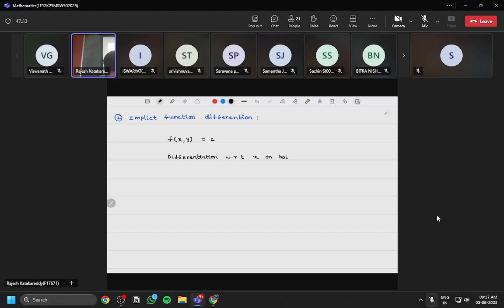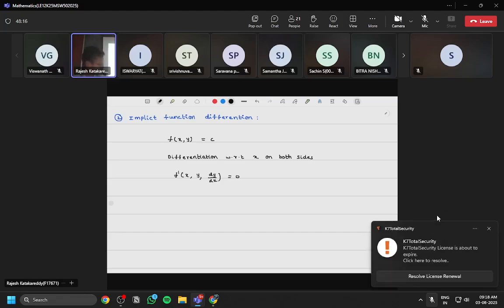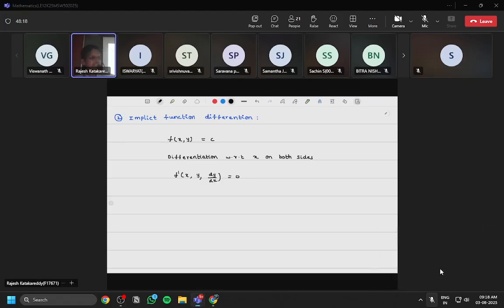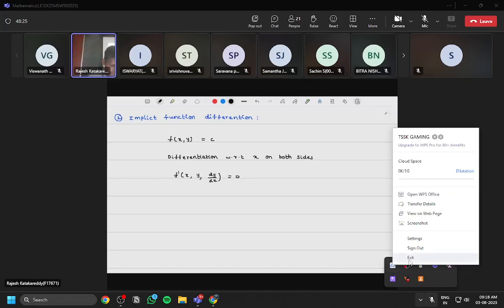If I do, I'll get an equation where, what this actually means is you have a function f dash, or you can say g, in that you have x, y, dy by dx. What you need to do is separate it and find dy by dx. That can be done.